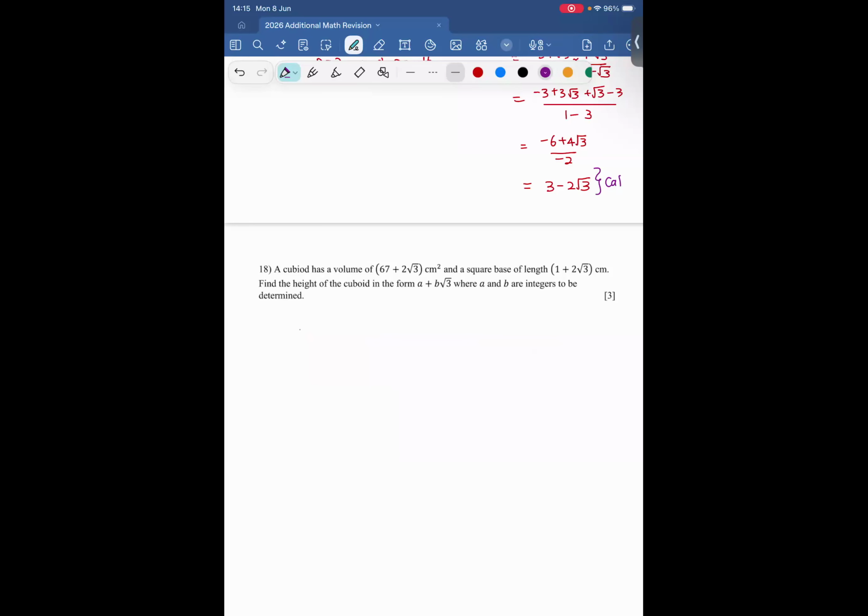So we know that volume is equals to the area of the base times the height. So for me to find the height, I will take this divide by the base.